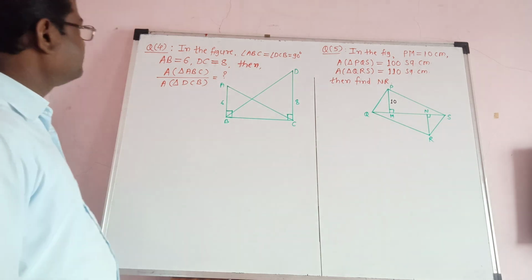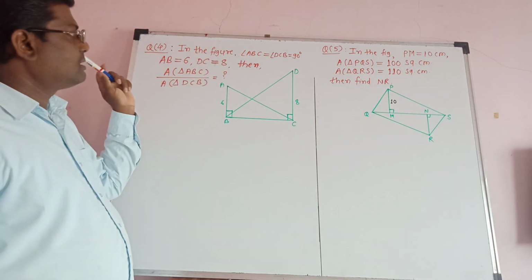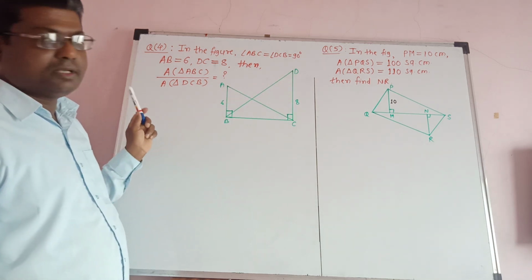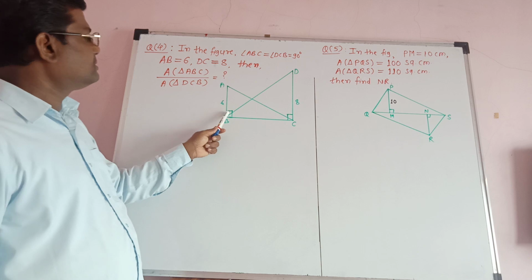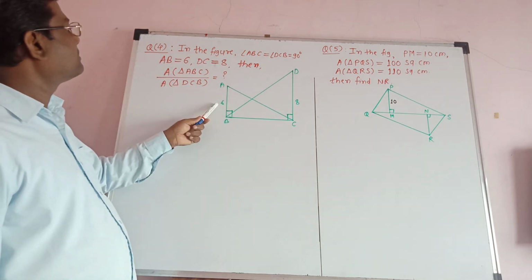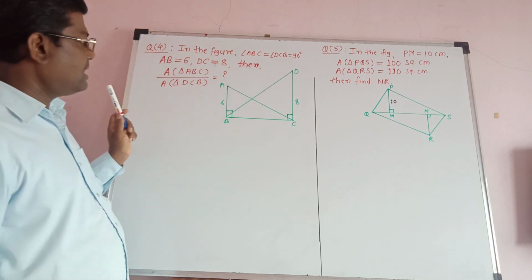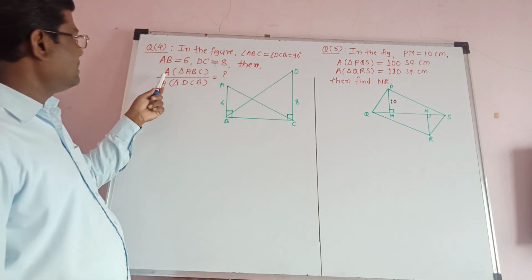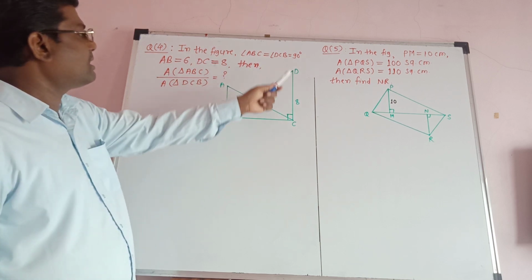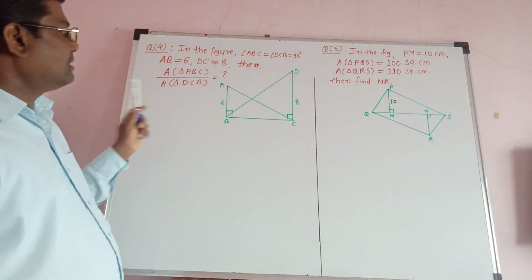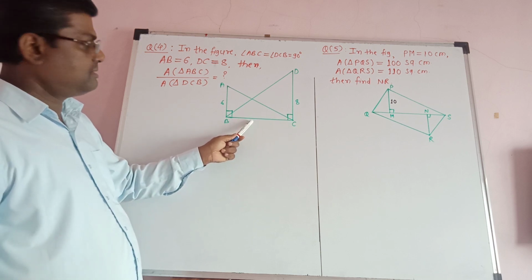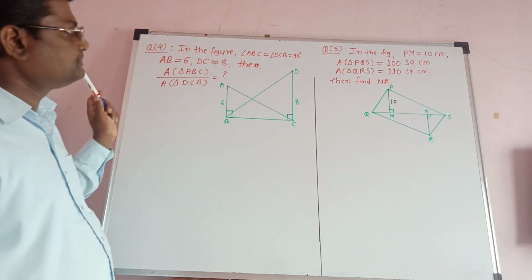Question number 4. In the figure, angle ABC is equal to angle DCB is equal to 90 degree. These two angles are right angles. AB is equal to 6, DC is equal to 8. Then find area of triangle ABC upon area of triangle DCB. Triangle ABC has BC base and AB height.